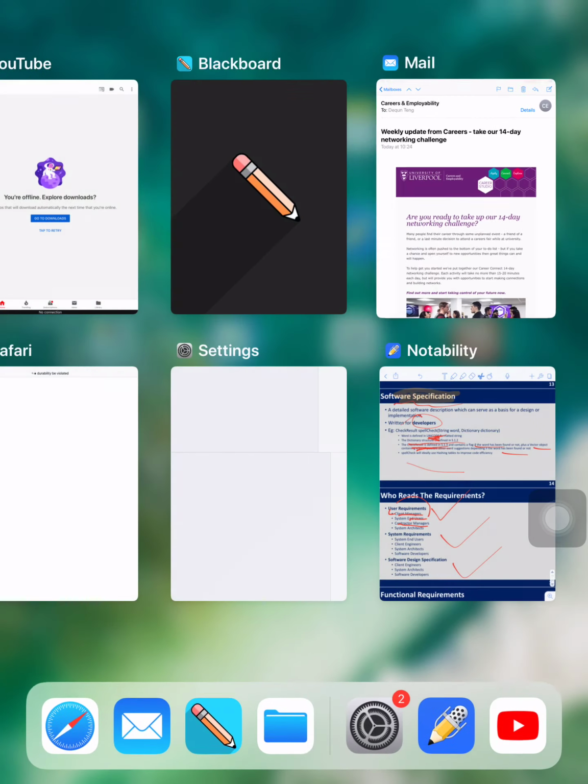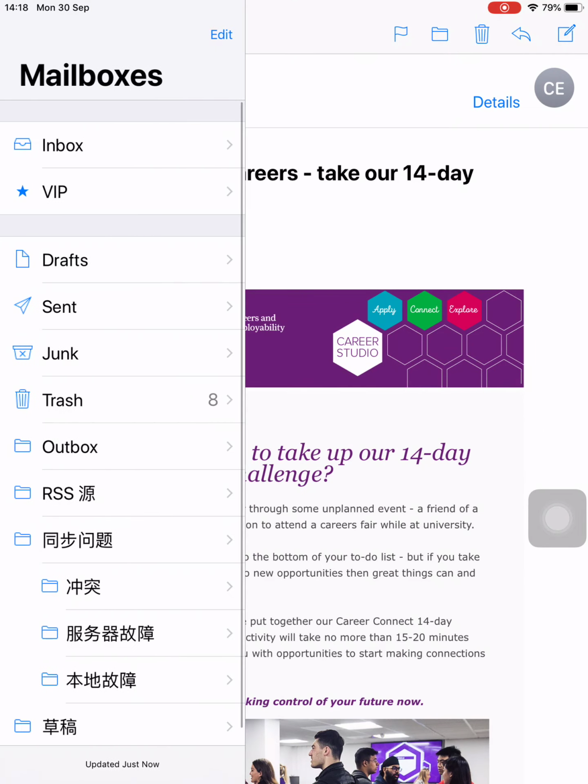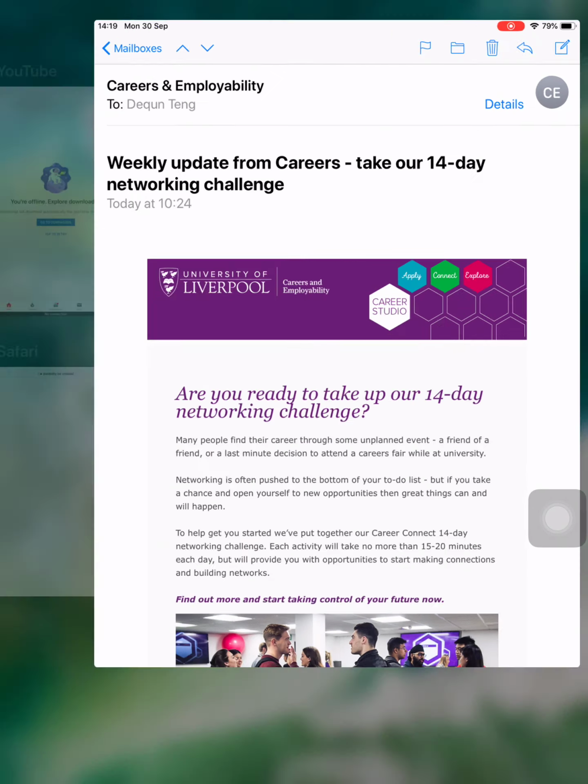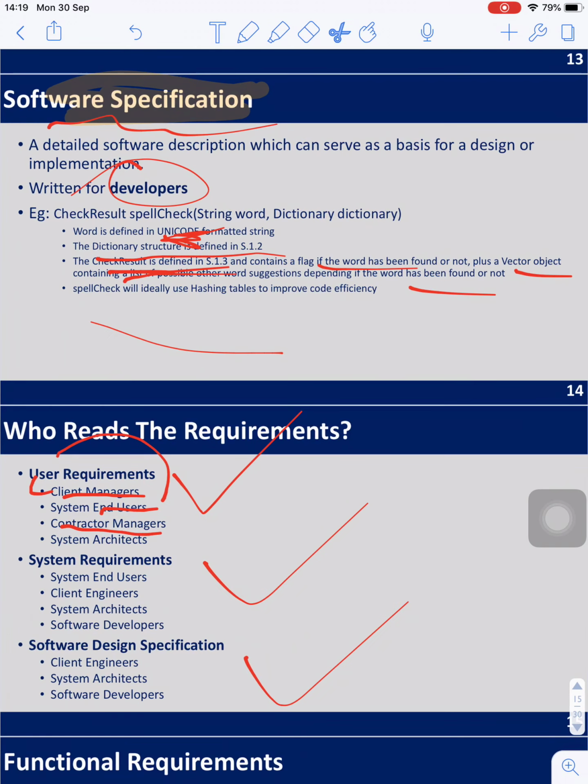So we have sent it to him, and then we can see, I think this possibly has also the system requirement, and I need to clarify them. The system architect is just based on these requirements to build a specific, in Chinese we call them 构架师.